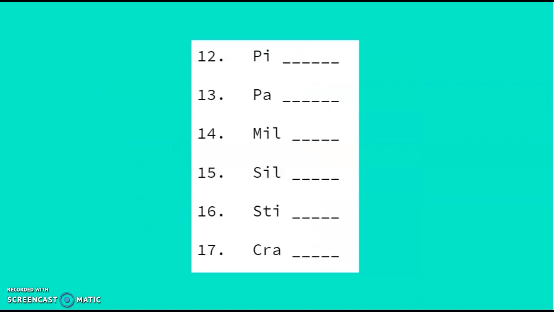For questions 12 through 17, we need to add an ending to these words. Number 12, pick. Pick. P-I, if it follows P-I. Is that a long or short vowel?